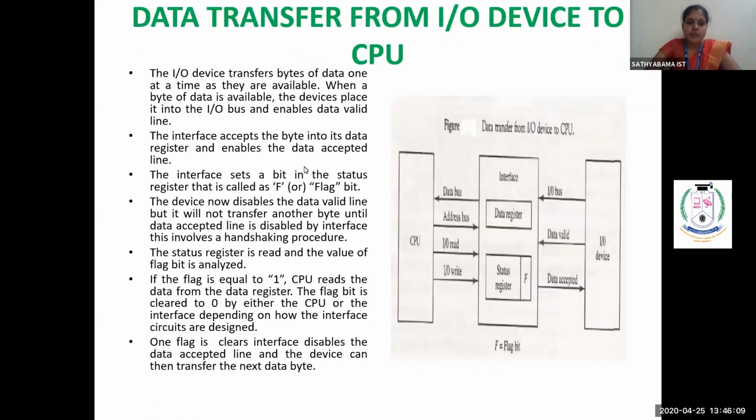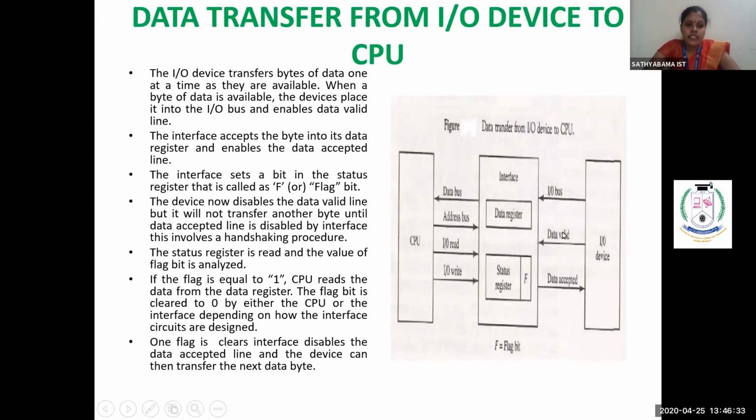Input output devices transfer bytes of data one at a time as they are available. When a byte of data is available, the device places it on the input output bus and enables a data valid line. Whenever a byte occurs, the data valid line will be enabled.